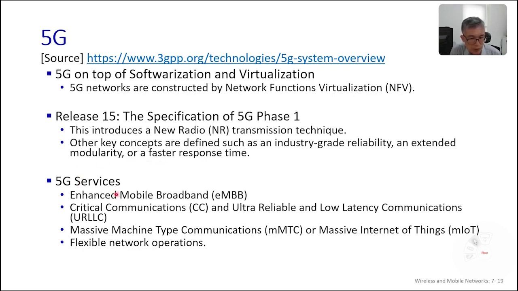5G services. Overall, we have a 3 plus 1. The first one is enhanced mobile broadband, eMBB, for wide upstream and downstream transmission speed. And the second one is critical communication, called ultra-reliable and low latency communication, URLLC.